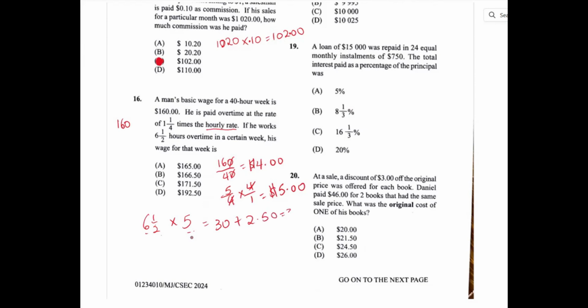So that will give us a total of $32.50. And then we add the 160 plus the 32.50 because they ask for the total wage. So you'll see how I'm utilizing my space around the question to do my working, right? So that's $192.50.